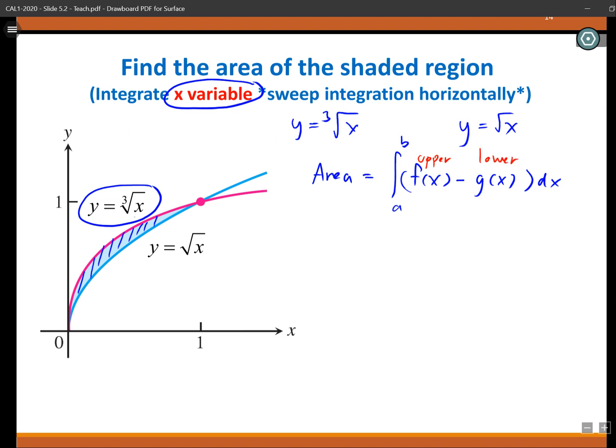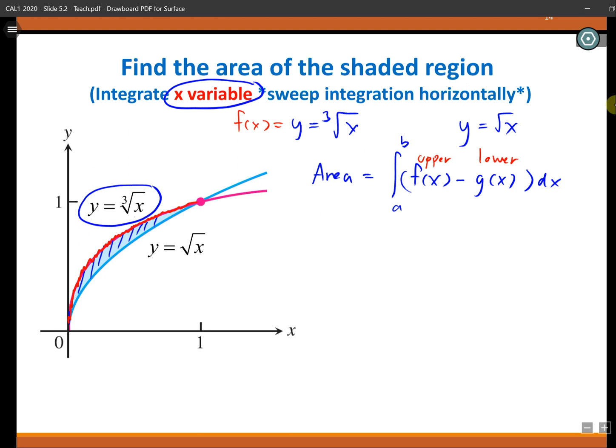So you have to go back to the graph and take a look at the region and determine the upper and lower. From this region, you can see that the upper part of this region is this line, right? It's at the top of this region, which means that this is going to be equal to f(x).